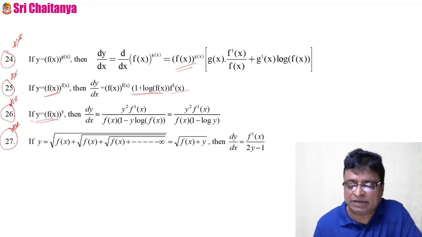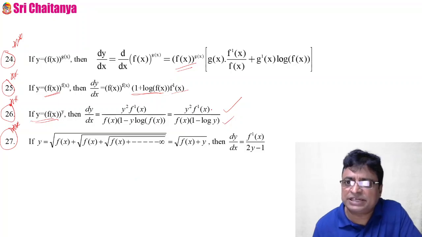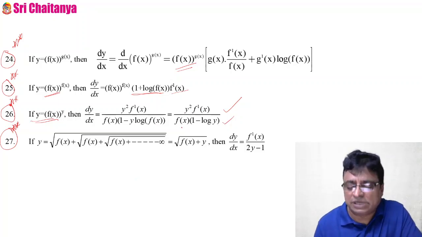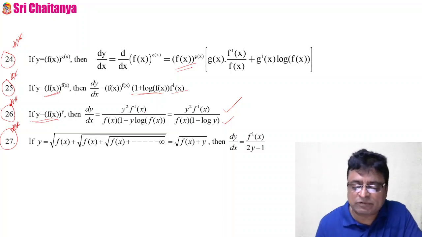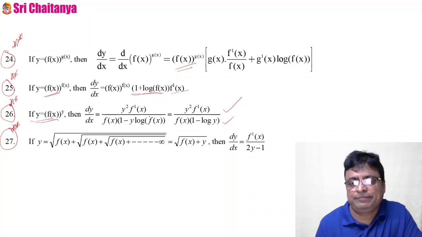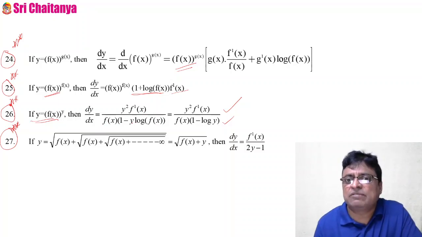So dy by dx equal to y square f dash x by f of x into 1 minus log y, or y square f dash x by f of x into 1 minus y log f of x.